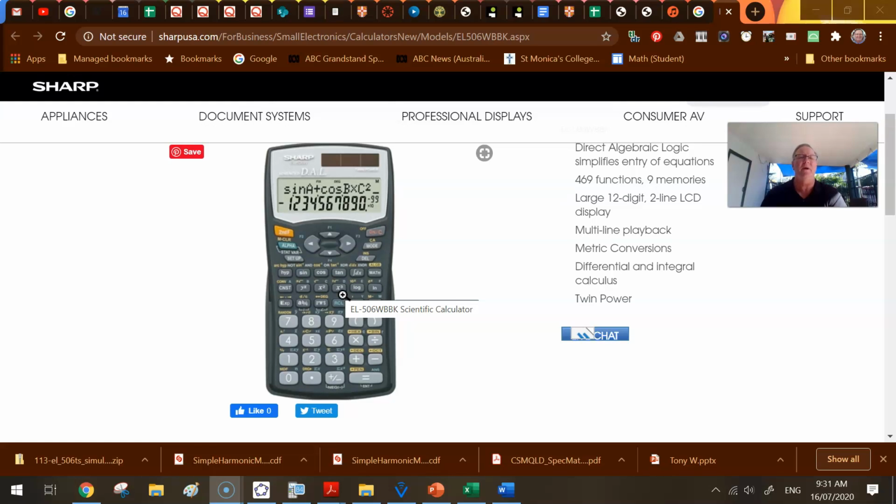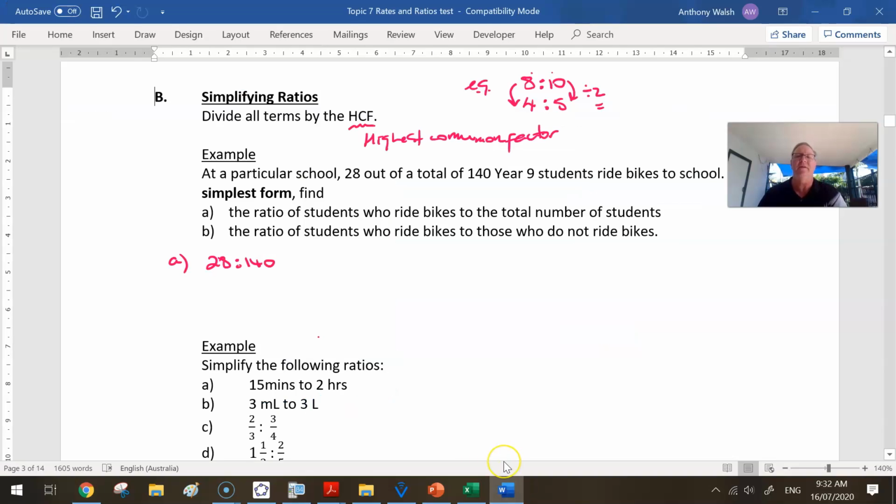Somewhere along the rows of buttons, just up in the row above the numbers 7, 8, 9, there's a button called an ABC button. It's about there. And you can use this ABC button to do lots of things involving fractions.